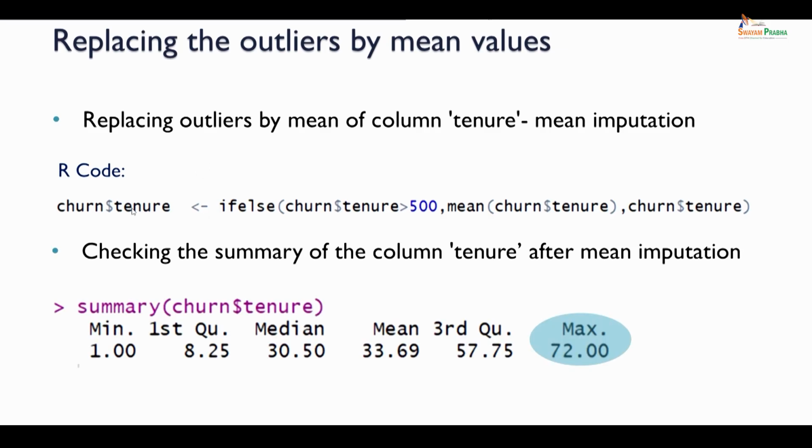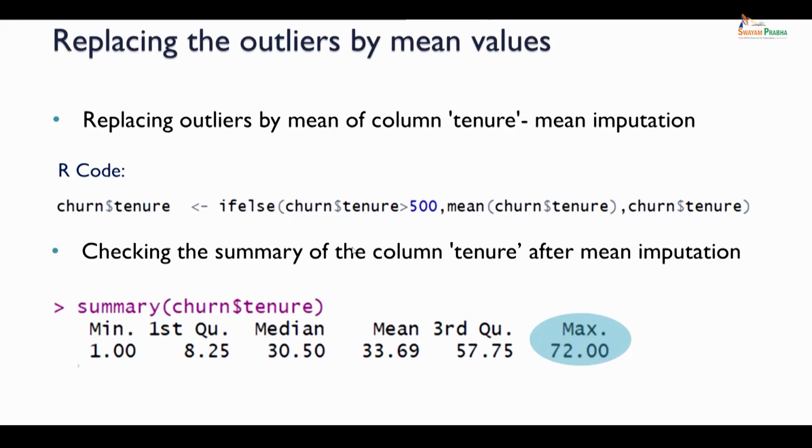So, now we have imputed the values, that is the outliers. Now, let us check the summary of the column tenure after imputation. This is the summary of the tenure from the churn data frame.